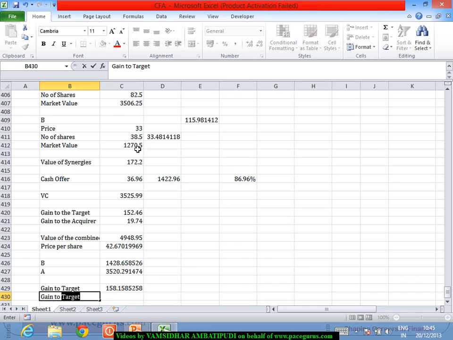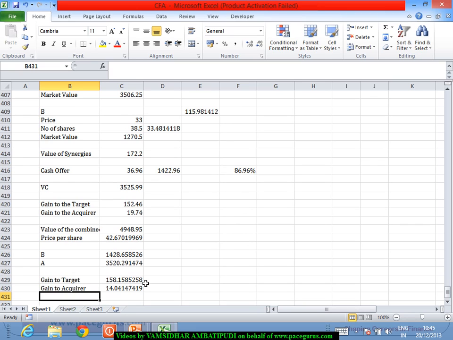The gain to the acquirer is that they are getting 3520, whereas the market value for them in isolation is 3506, so their gain is only 14 million. Though the deal numbers are exactly the same, depending on a cash offer versus a stock offer, the gain to the target as well as the gain to the acquirer will differ based on the mechanism used for the takeover transaction.